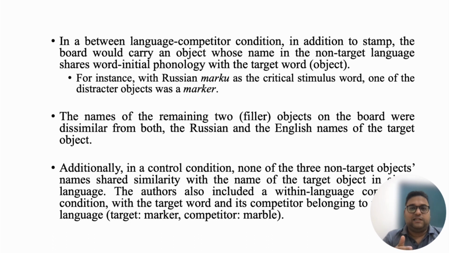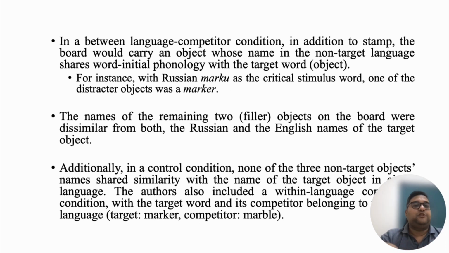For example, put the stamp below the cross, Poloji marku ni krestika, in Russian. Marku is a stamp in Russian. So what these researchers did, with Russian marku as the critical stimulus word, was keep one of the distractor objects in the display as a marker.